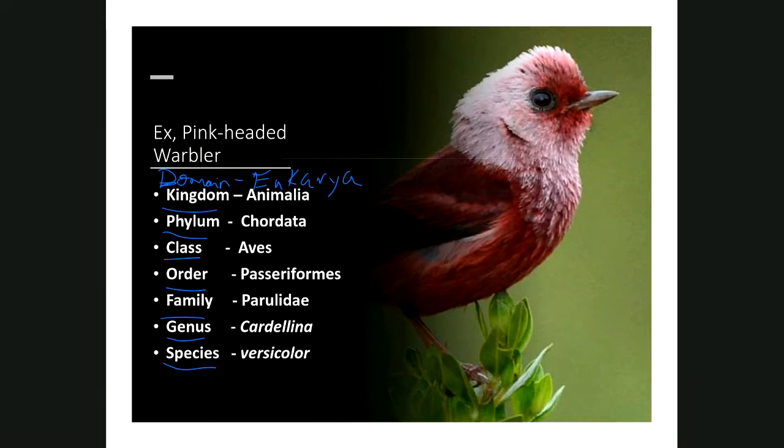We know that birds are animals. We also know from the fact that they have a backbone, and they have a dorsal nerve cord, and other things, that they are chordates. Who else are chordates? We are chordates. Other reptiles are chordates. Fish are chordates, for example.